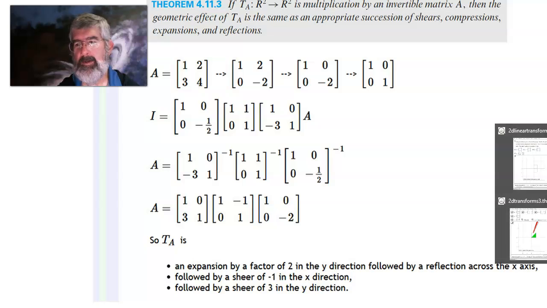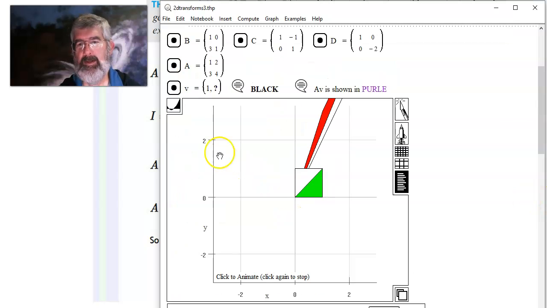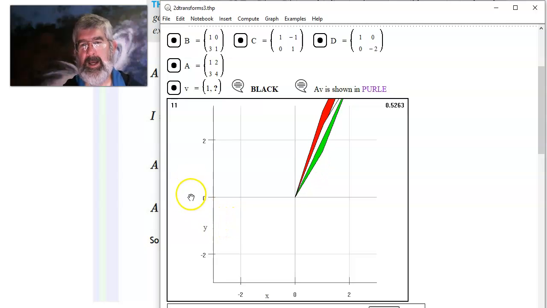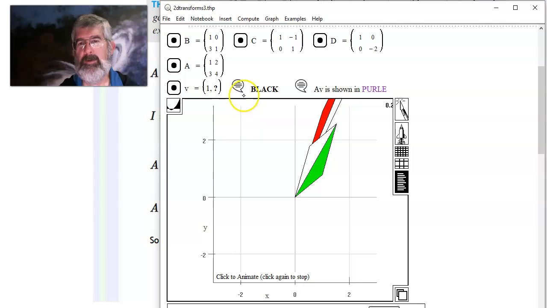So let's take a look at that. So here I have the vector 1, 2, 3, 4, and the unit square here is being moved up to, if I animate this, it should go up to there. And it looks like it flips over as it goes. And so the question is, is that the same as the product of those 3 elementary matrices? So I have them here, this one, that one.